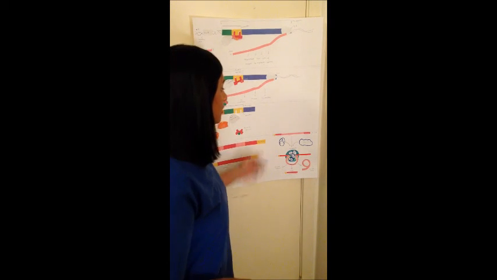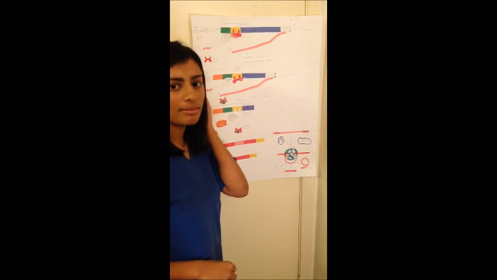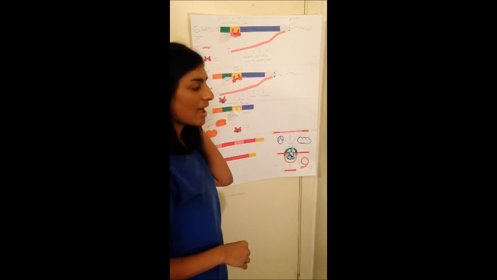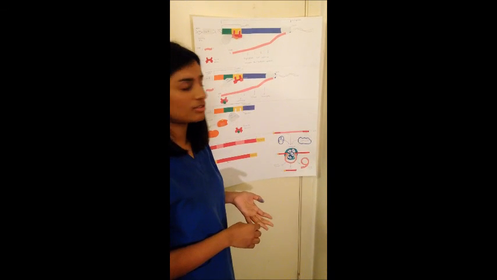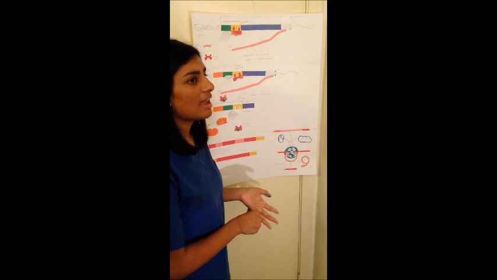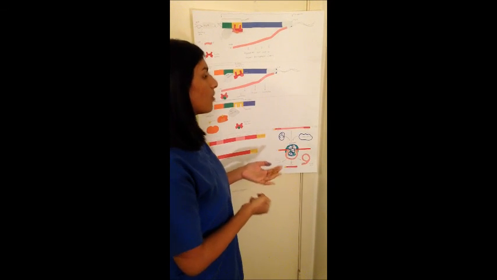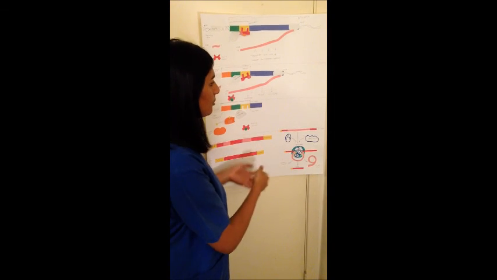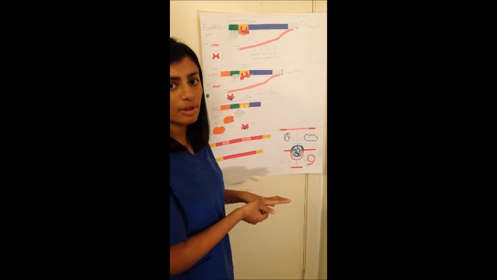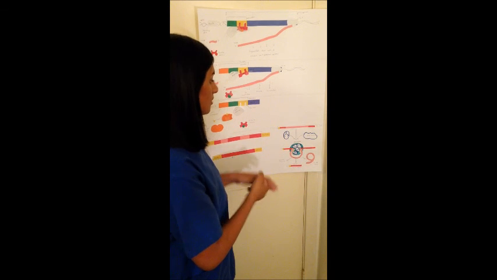And then what's happening at the 3' end? At the 3' end, an enzyme adds a poly A tail, and the poly A tail also prevents degradation of the mRNA, and it also acts as a way that the pre-mRNA can be exported from the nucleus.